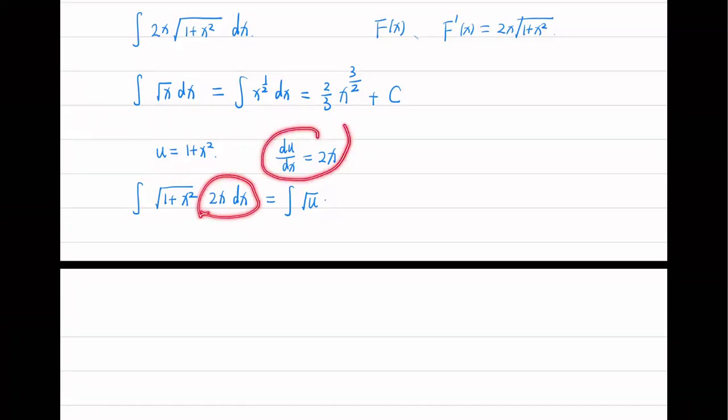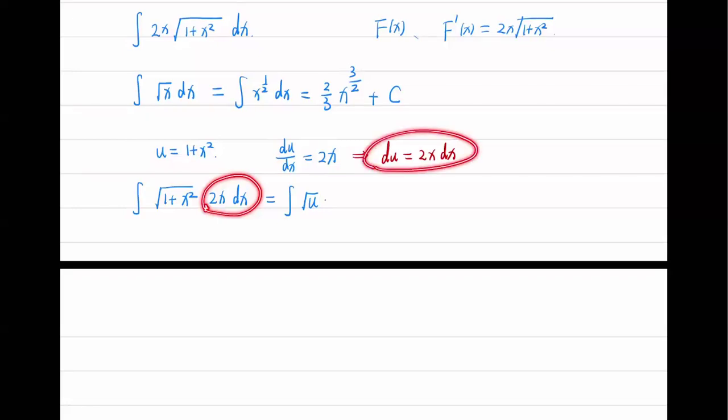If we view du over dx as a quotient, we can rewrite this, and then we recognize that what we have over here can be replaced by du. Elisa, do you agree? Yeah. Okay, because they are the same, I'm going to replace this by du.